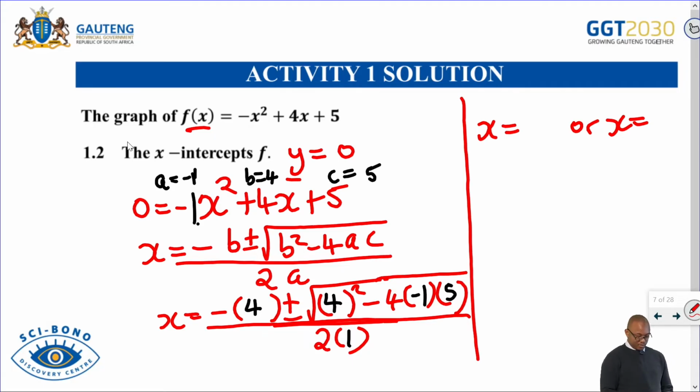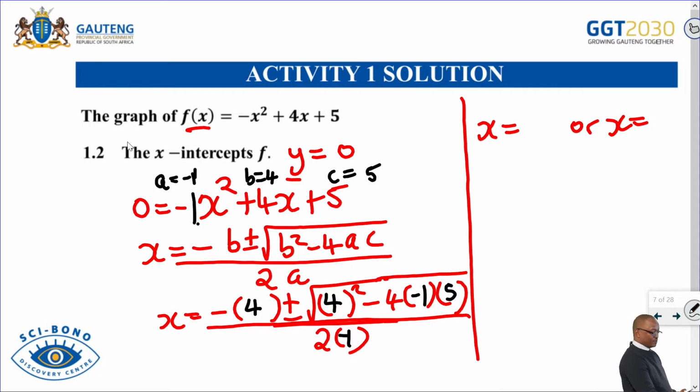So now, you have the negative 4 plus the square root of 4 squared minus 4 times -1 times 5, all over 2 times -1.